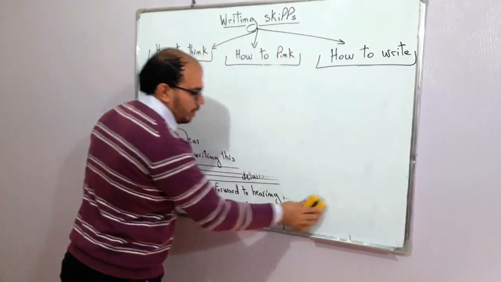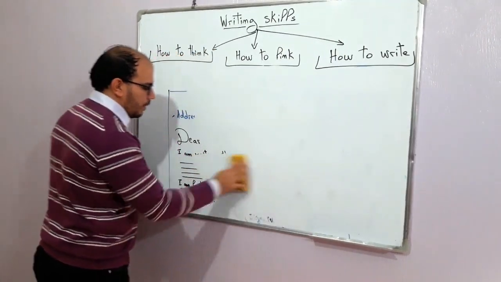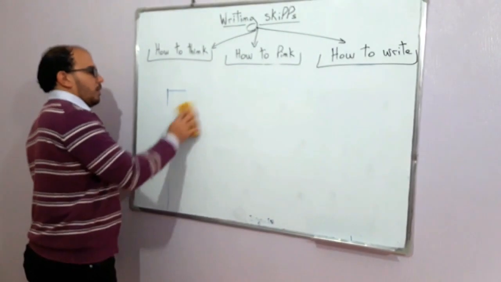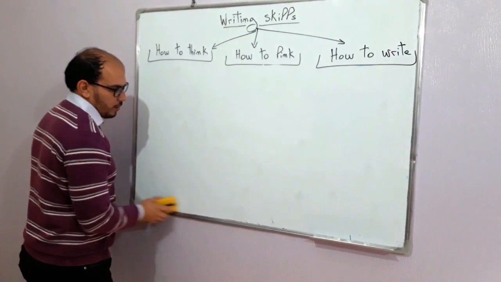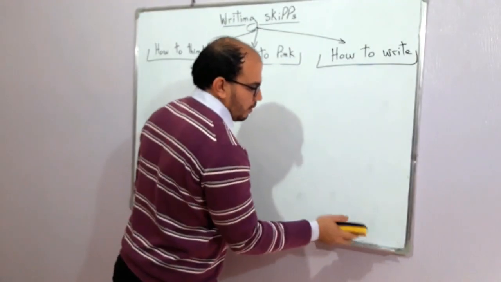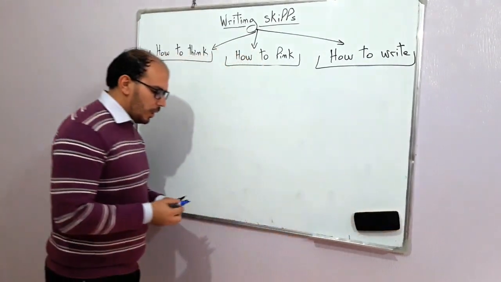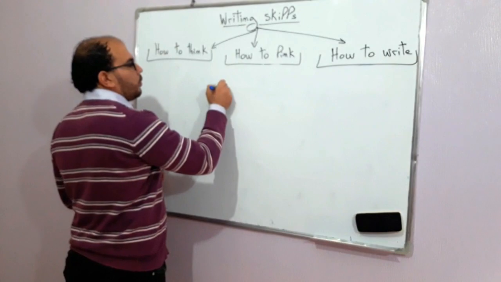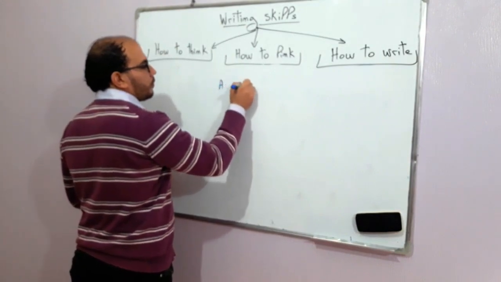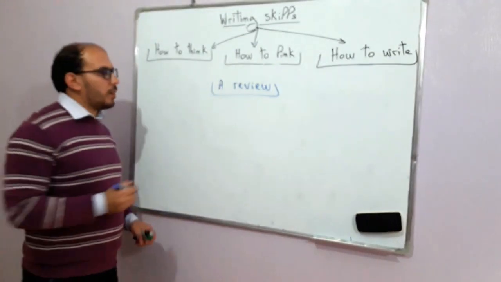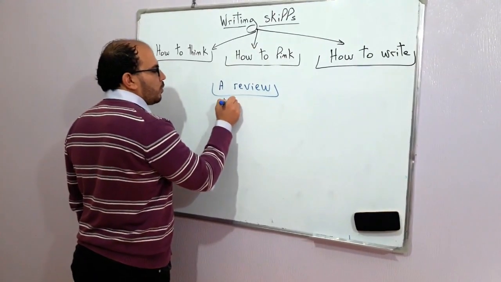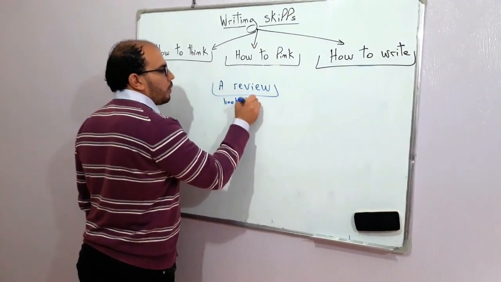Right, so we have seen paragraph, article, then email, then we talked about letter. Now let's move to review. When we speak about a review, we have a book review or a film review.